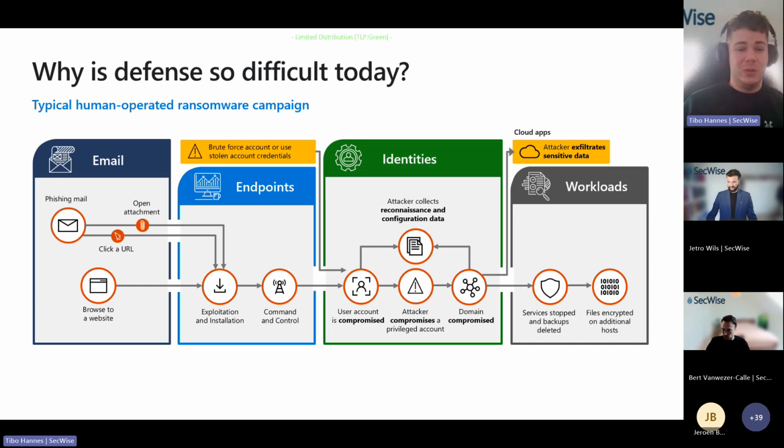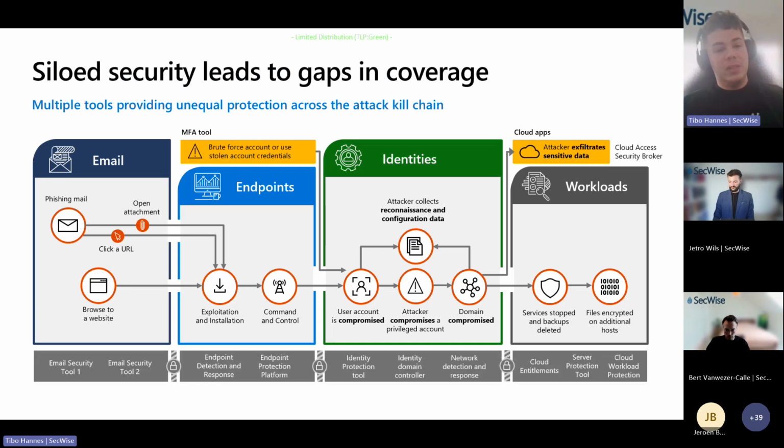So now you are on your endpoint. Then further on, we go to privilege escalation. A certain user is getting compromised. They try to get more and more rights. Then suddenly you're in the identities domain, and you end in the workload domain when suddenly all your files are encrypted.